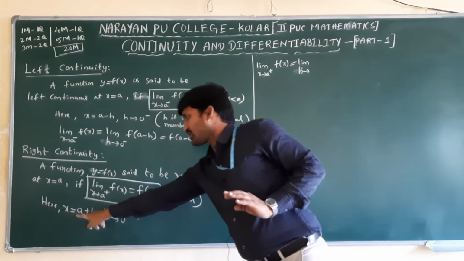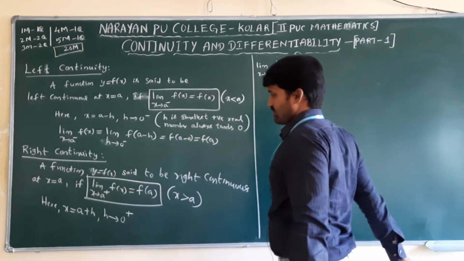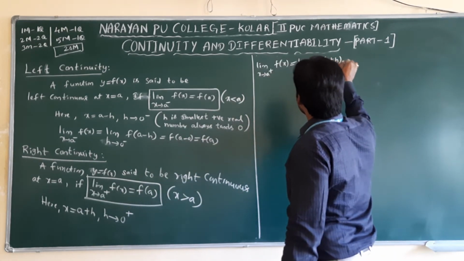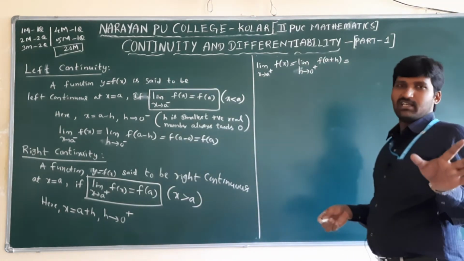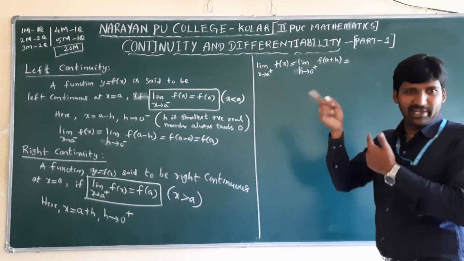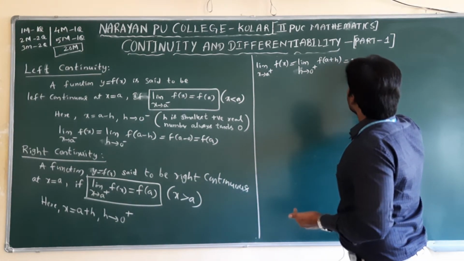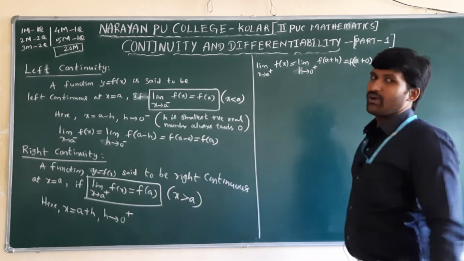Here x value changing to h, that's why h tends to 0 plus. Next, f of a plus h. If you substitute h value 0, 0 plus means 0 only. Don't substitute 0 plus, 0 minus like that. Okay. Now f of a plus 0 is equal to f of a.